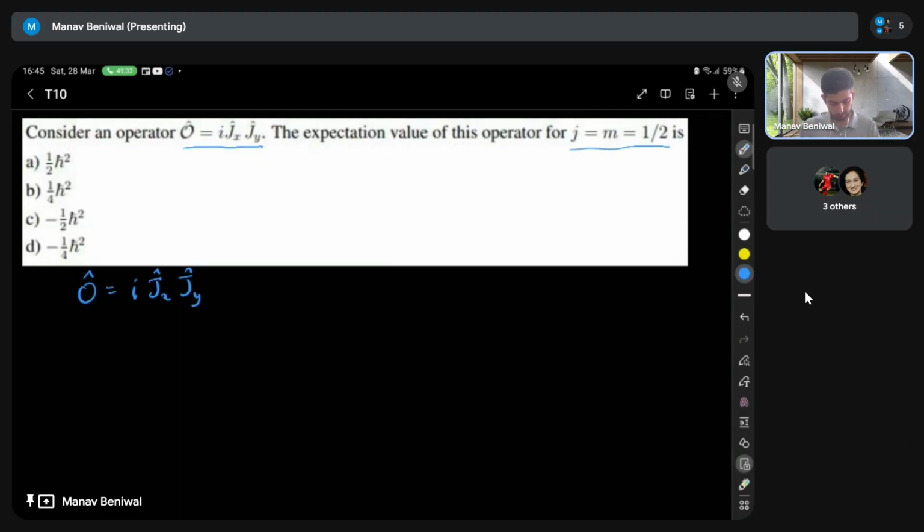Now there are a couple of ways to do this problem. Let me show you both. One way is that we can write Jx in terms of J plus and J minus, and Jy in terms of J plus and J minus, and then see what we get. So let's do it that way first.